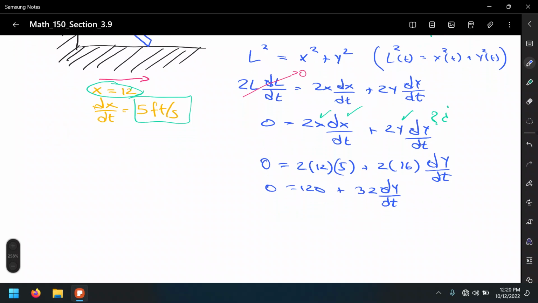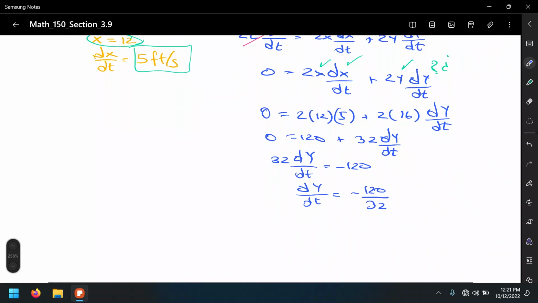It's a linear equation for dy/dt. So 32 dy/dt equals negative 120. So dy/dt should be negative 120 over 32, which reduces to negative 15/4.